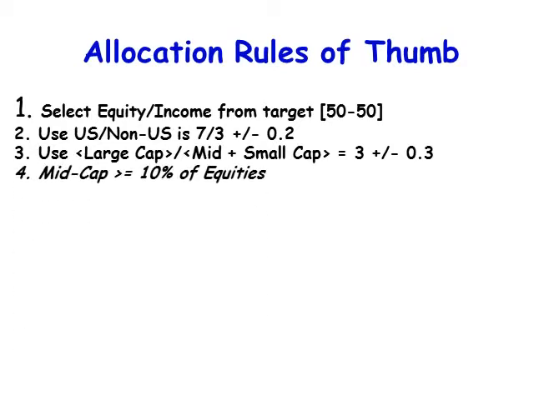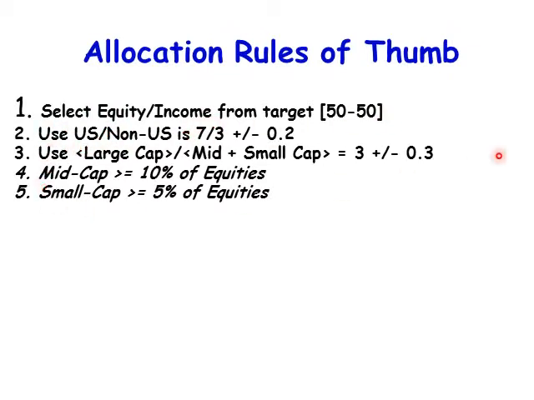Let's continue. Mid cap is greater than or equal to 10% of equities, and small cap is greater than or equal to 5% of equity. These are rules I don't mind if I cannot fulfill. The very first one, 50-50, is from my risk tolerance, and this is my domestic to international characteristic.